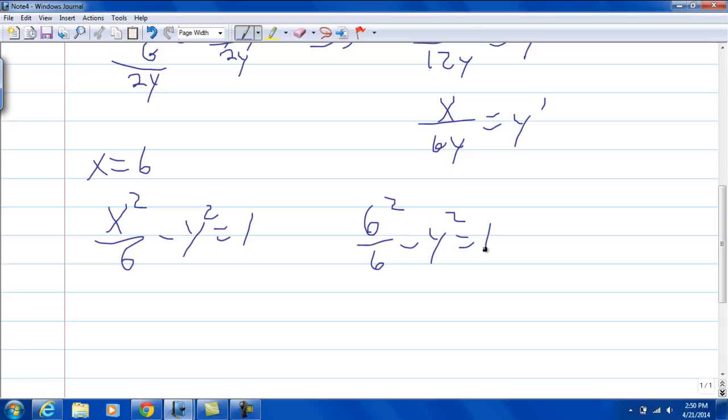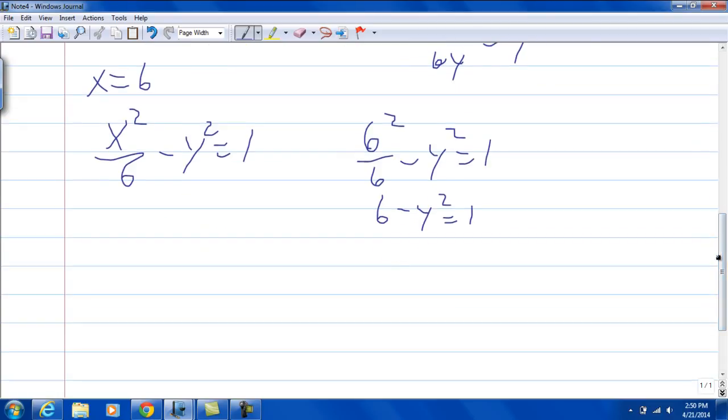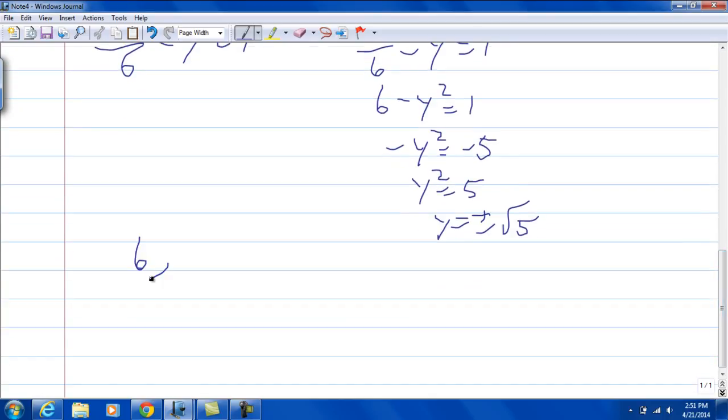So 6 minus y squared is 1, negative y squared would be negative 5, y squared is 5, so y is plus or minus the square root of 5. So 6 for x corresponds to the square root of 5 for y, and 6 for x corresponds to negative square root of 5 for y.